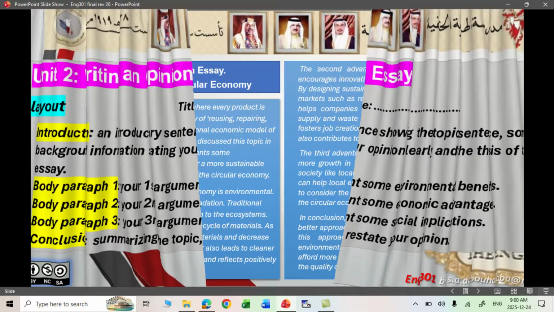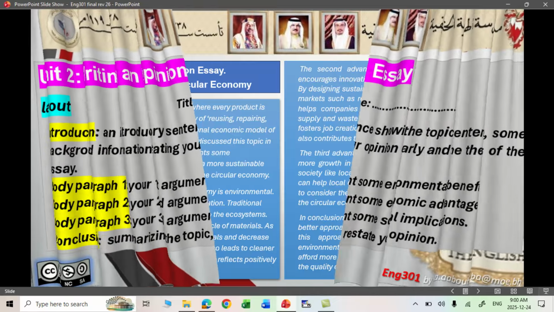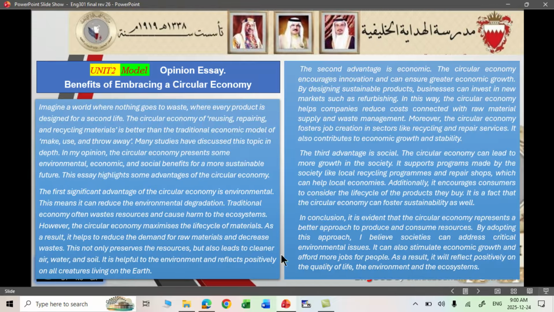And again, that's an example, again taken from the book. It is about the benefits of embracing a circular economy. You have it, as you can see, in different paragraphs. That's the introduction, and that's the first body paragraph, second body paragraph, third body paragraph. As you can see, we start with the first significant advantage.